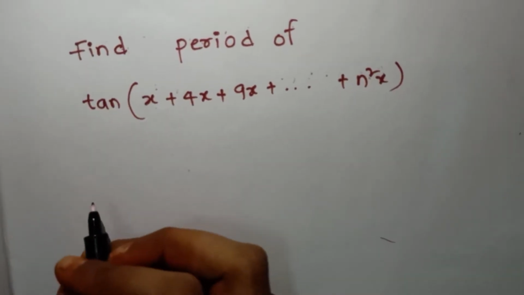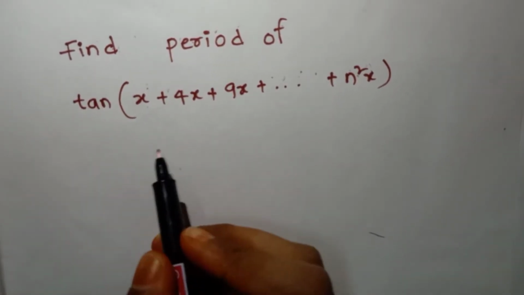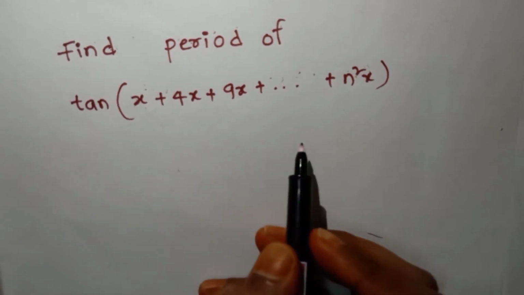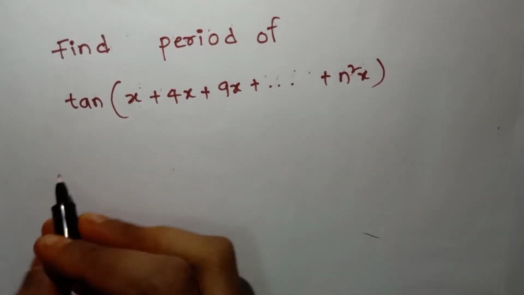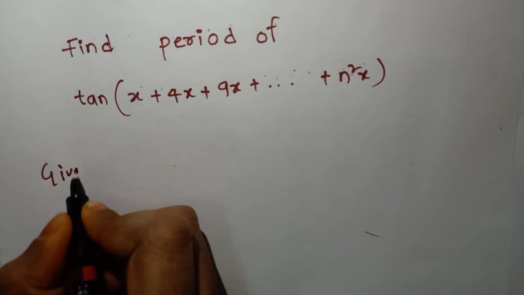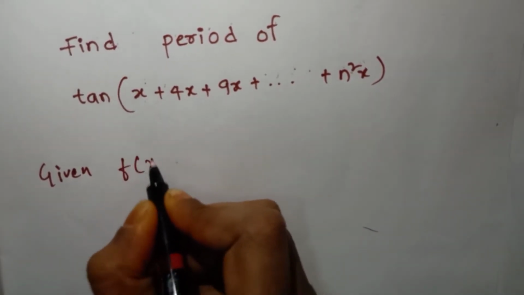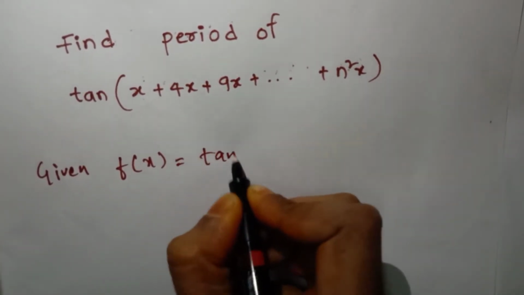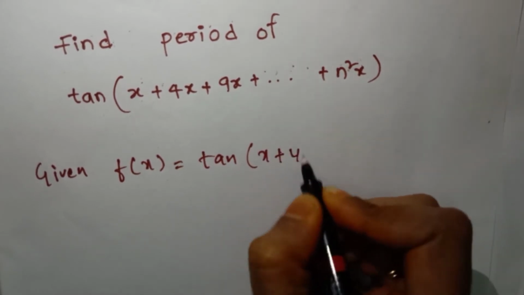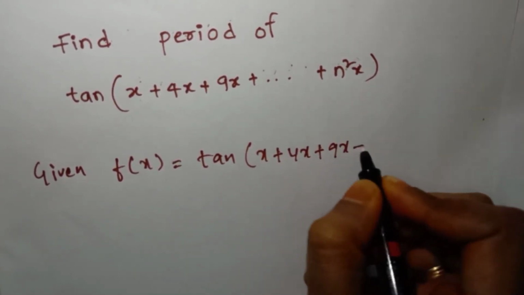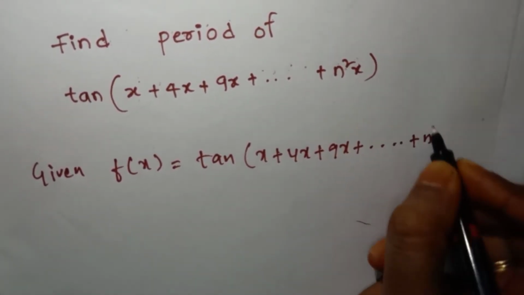Next question. Find the period of tan(x + 4x + 9x + ... + n²x). Given f(x) = tan(x + 4x + 9x + ... + n²x).